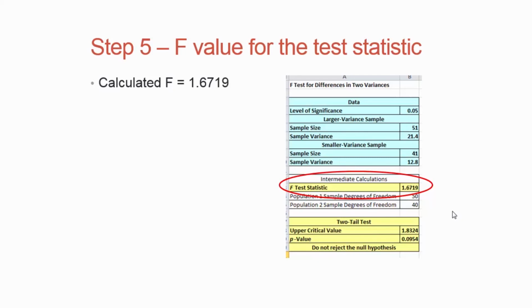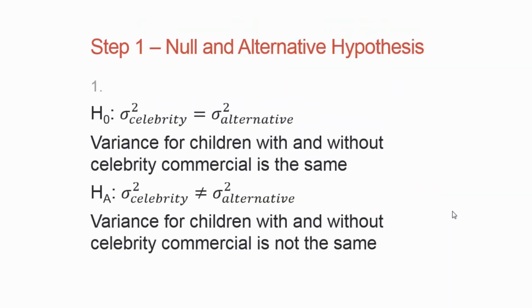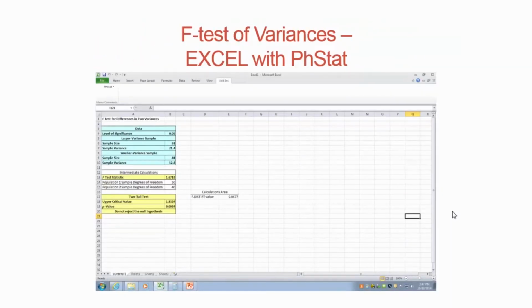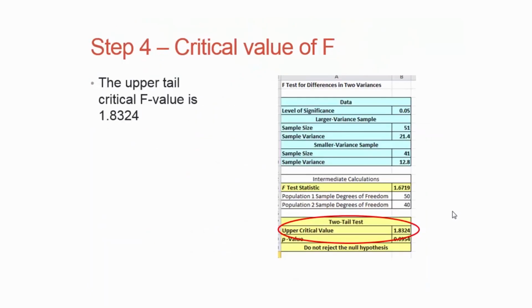And that would say there may be differences in the standard deviations for the population. But since we wanted 95% confidence, it looks like we cannot say that there is a difference in the variances.